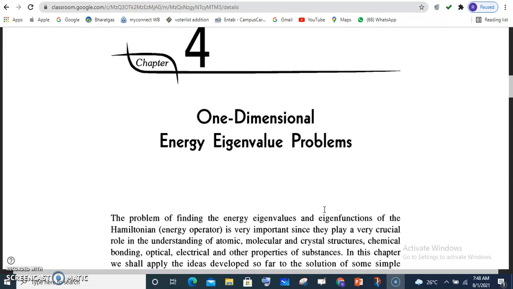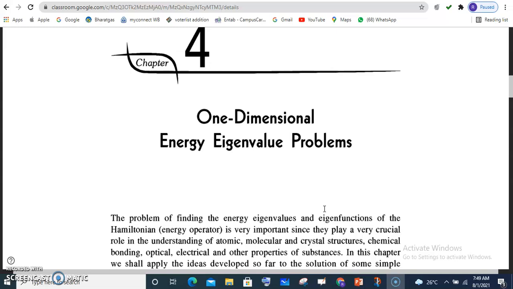I mean to say that, to begin with the Schrödinger equation, our basic task in solving a quantum mechanical problem is to find the proper Schrödinger equation for that particular system or that particular example we are dealing with.